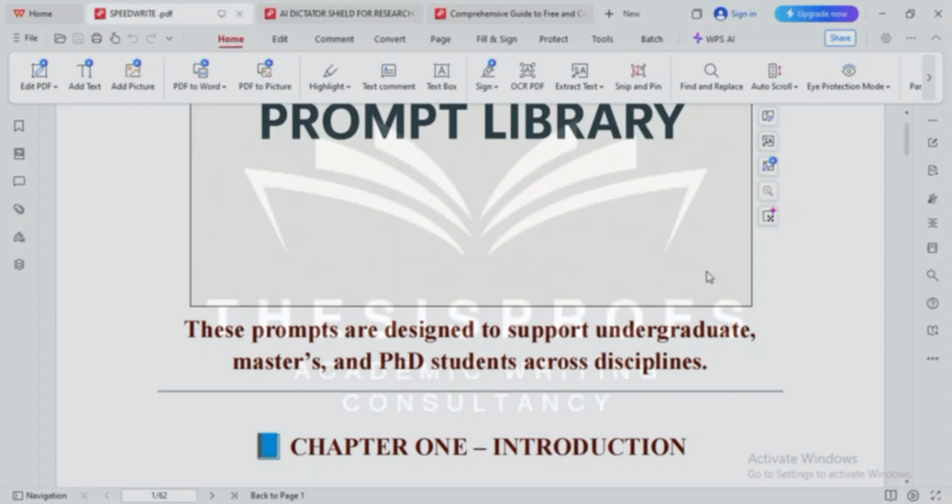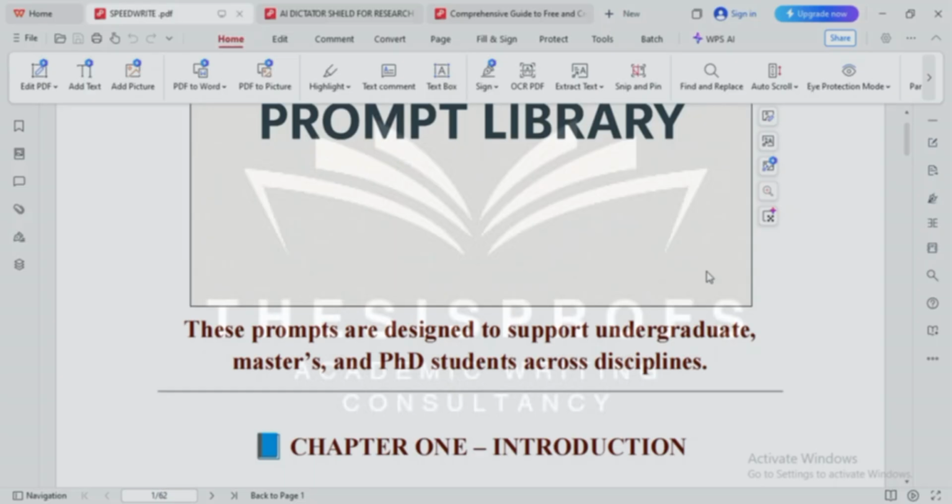Before you ever type your topic into ChatGPT or any other AI tool, there's one thing you must do first. I call that thing prime the AI. Prime the AI, PRIME. Prime the AI.